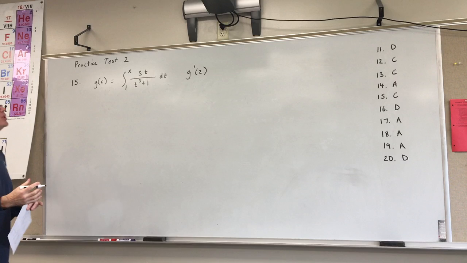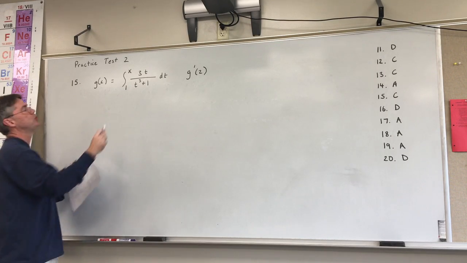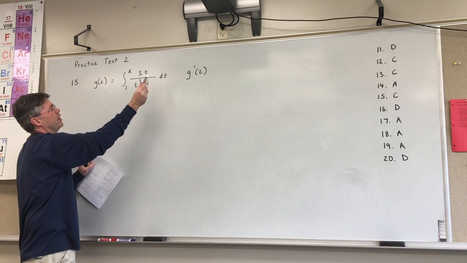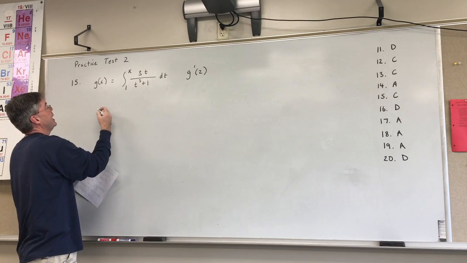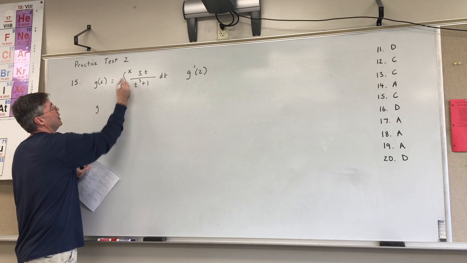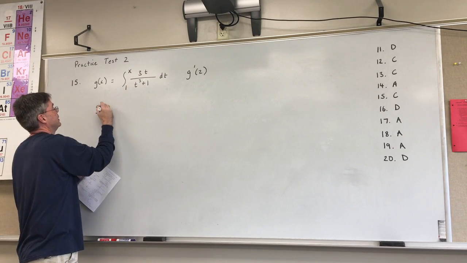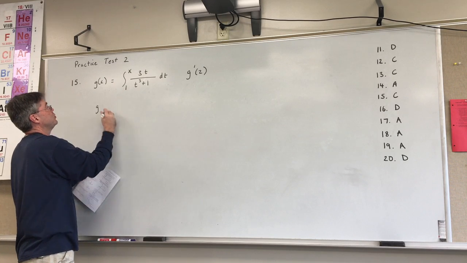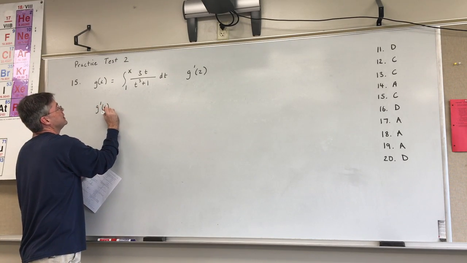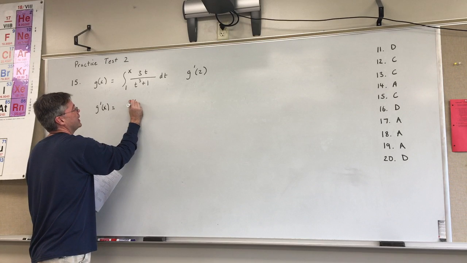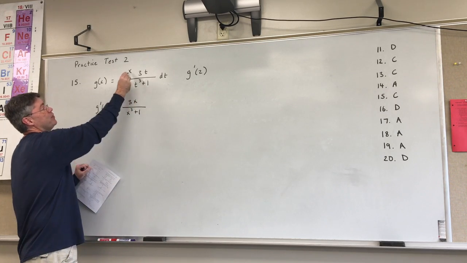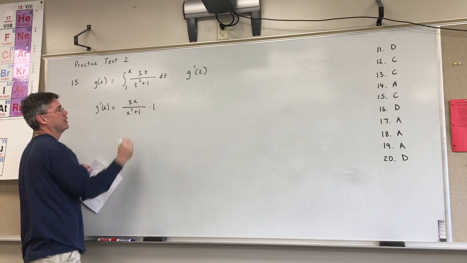Okay, this is the fundamental theorem of calculus part 2. If you want to get g prime, you plug x, the upper limit, into t, and then multiply by the derivative of the upper limit, which in this case is 1. So g prime of x is going to be 3x over x cubed plus 1 times the derivative of x, which is just 1.